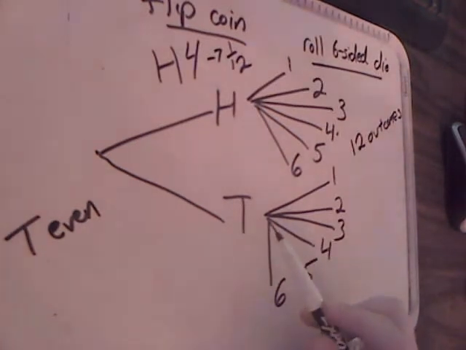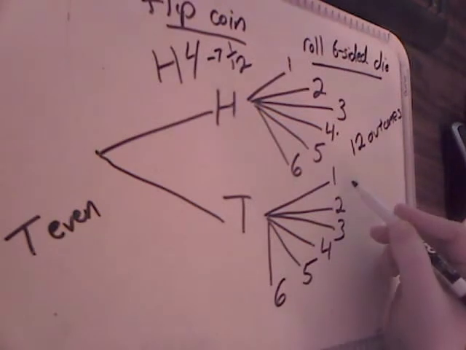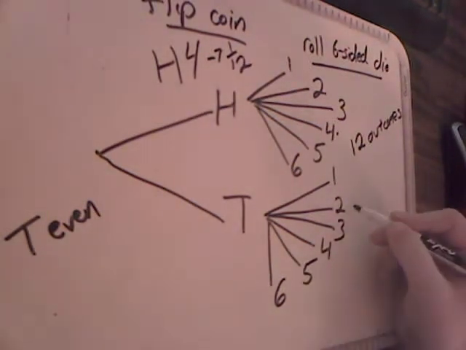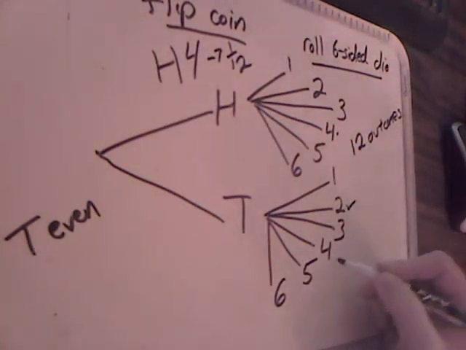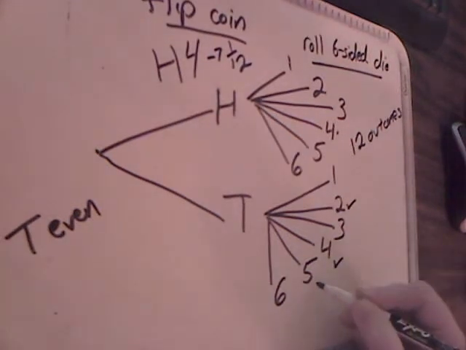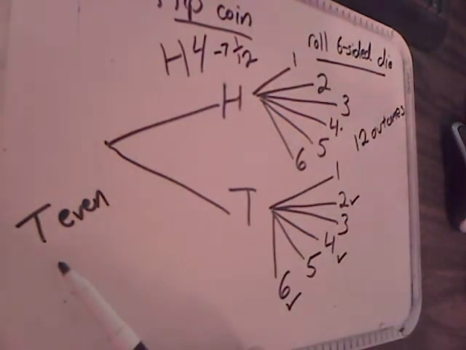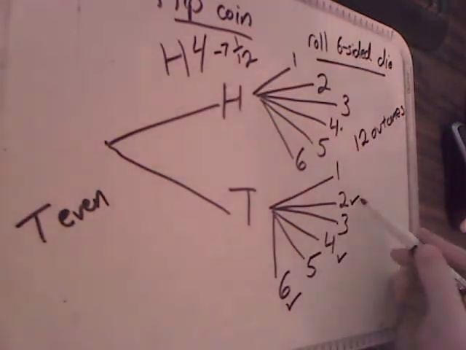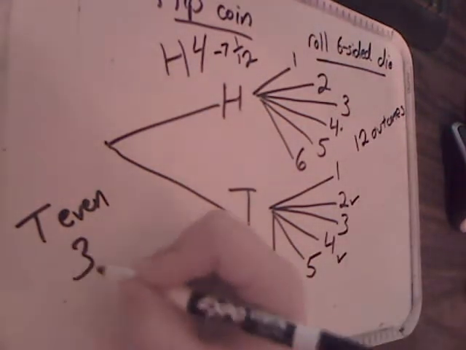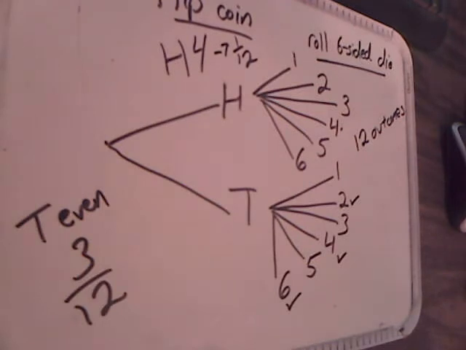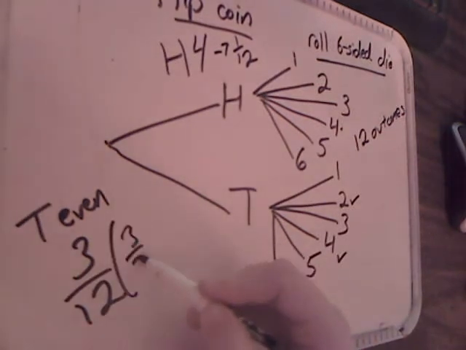Then I want to get an even number. Is 1 even? No. Is 2 even? Yes. 3? No. 4? Yes. 5? No. 6? Yes. So my probability of flipping a coin, getting tails, and then rolling an even number is 3 out of 12.